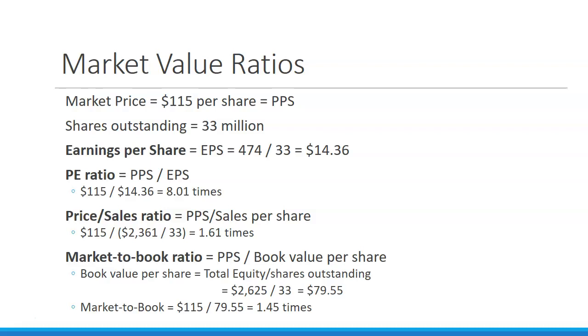Then we have our price per share currently at market value, which is $115. For the market to book ratio, we take the current purchase price per share divided by the book value per share. So currently our market price is 1.45 times higher than our current book value per share.